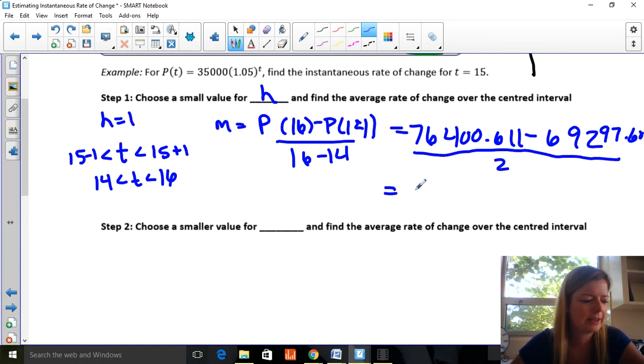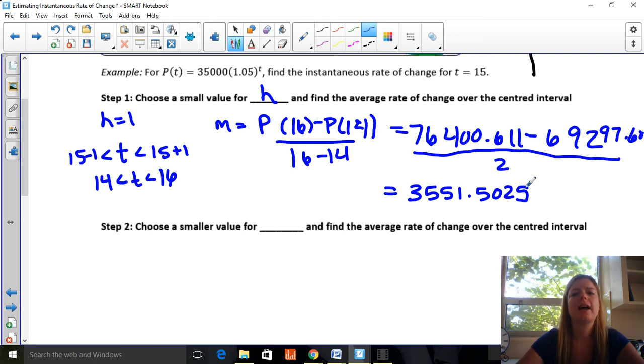So you get 3,551.5025. That's our first estimate, that it would be increasing by 3,551 people per year. But now we're going to choose an even smaller value of h.